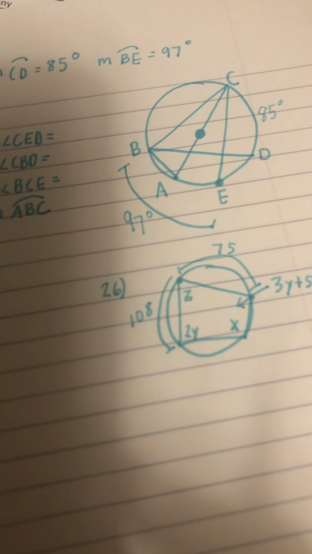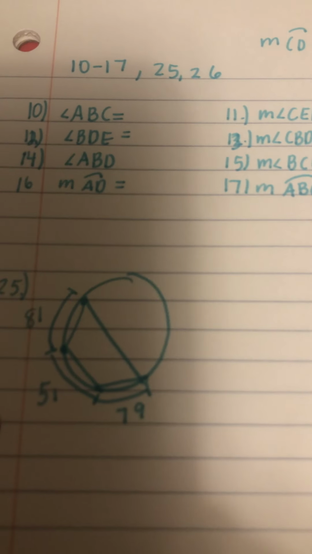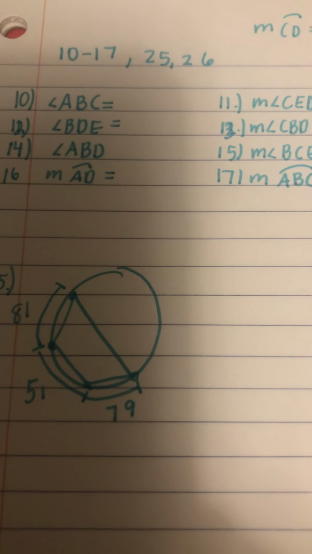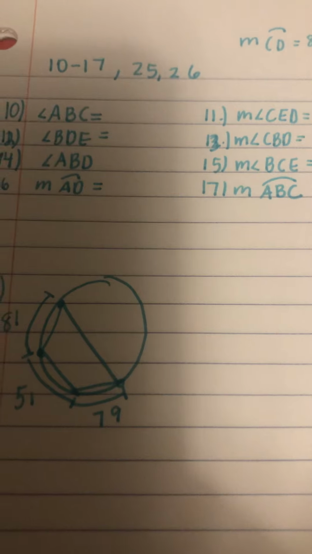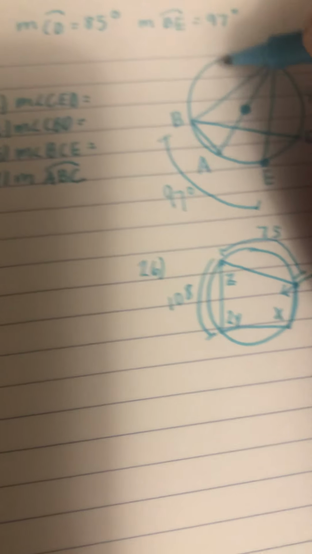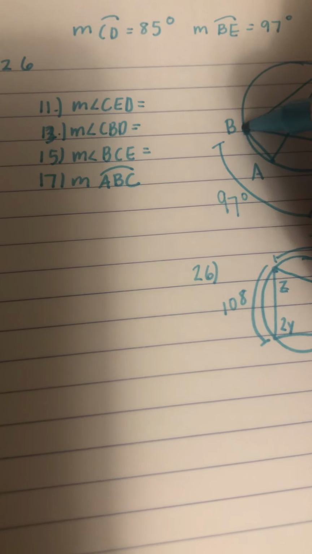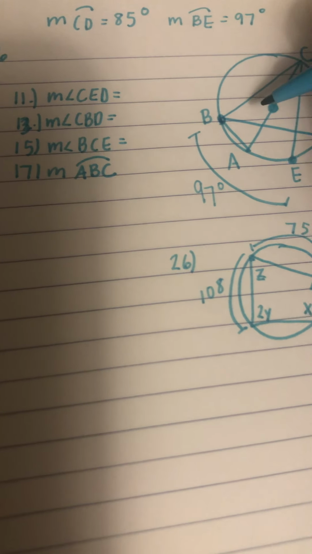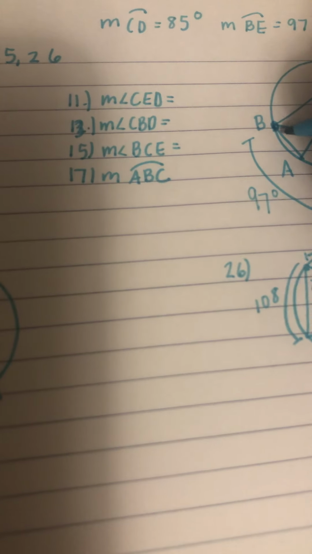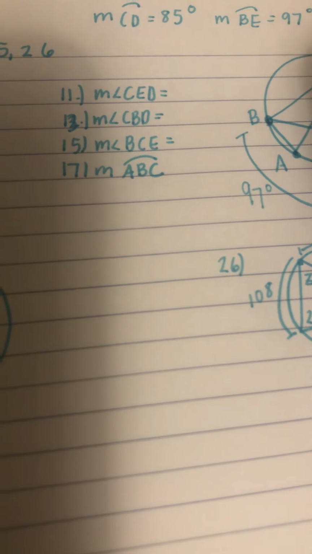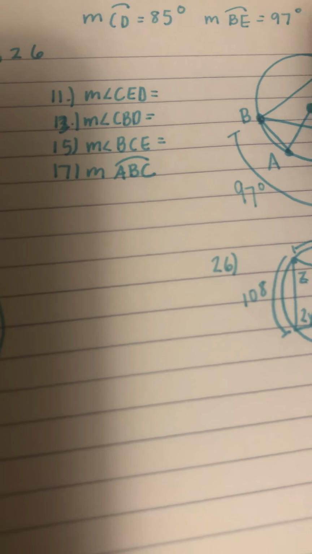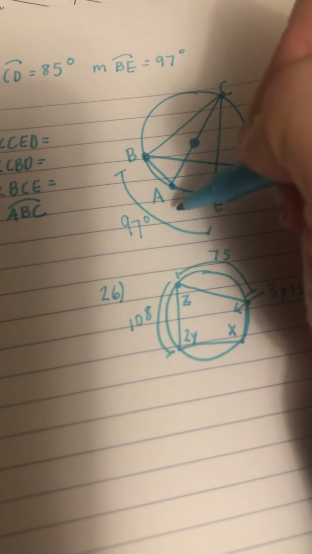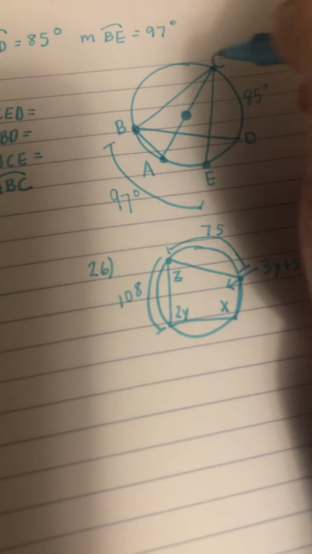You could go over here first and ask, what is ABC? What we know about ABC is the vertex is on the circle, so it's half of its intercepted arc. It starts here and goes all the way around to here.